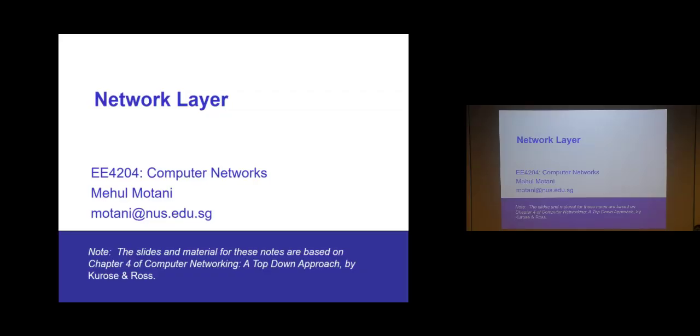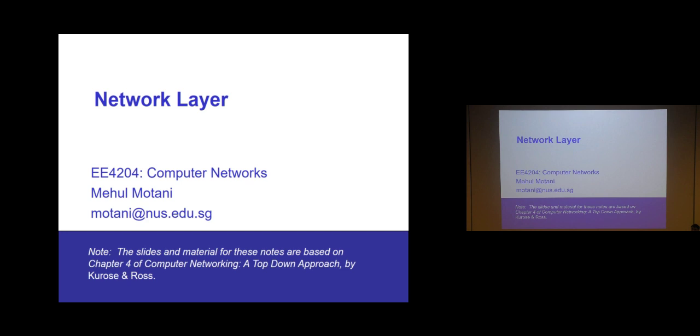Okay, so we'll talk about the network layer now. This is the second major topic. Remember the function of the network layer, right? In everyday language, where we're trying to describe the function of every layer, the job of the network layer is to find a set of reliable links from source to destination, right?